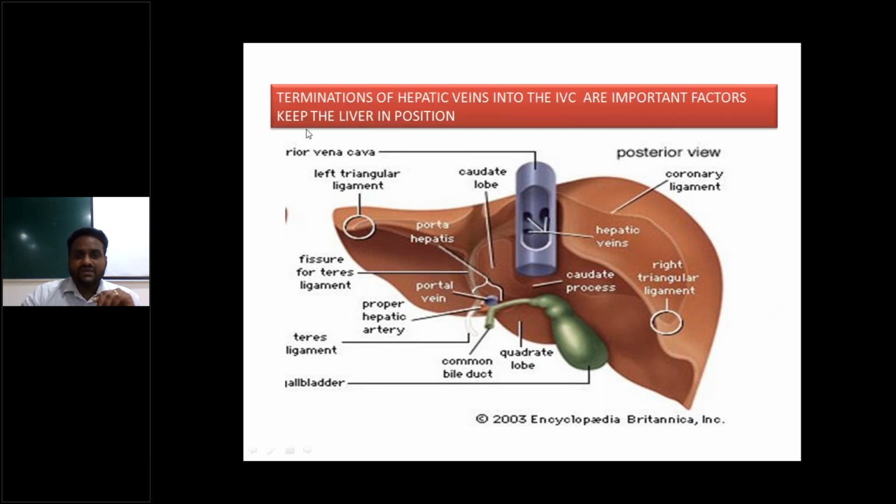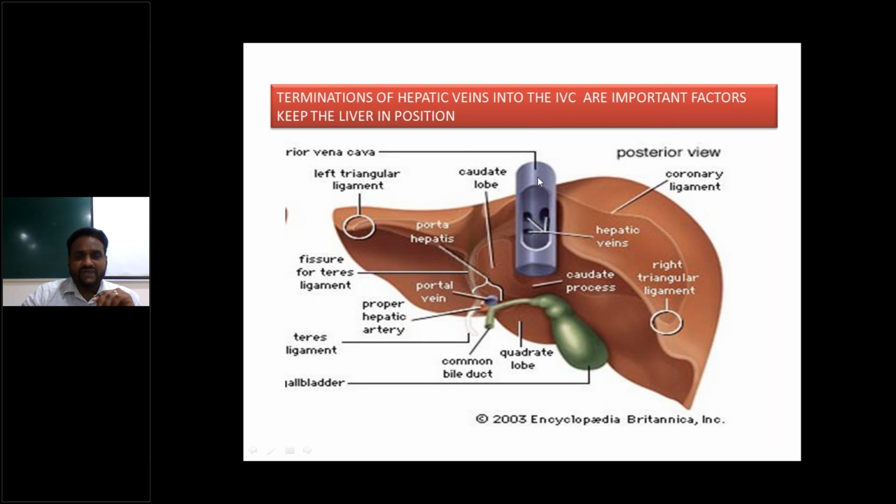Next, we come to the termination of hepatic veins into the IVC, which are important factors that keep the liver in position. In the posterior surface, I told you there are totally five features. We completed the bare area of the liver, the first feature, and we come to the second feature, that is the inferior vena cava.